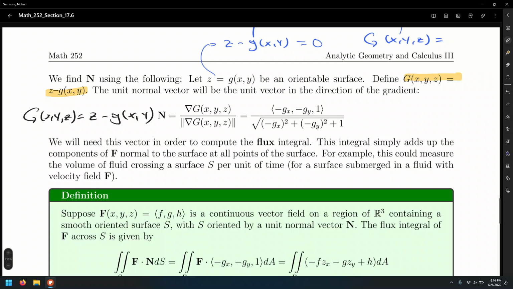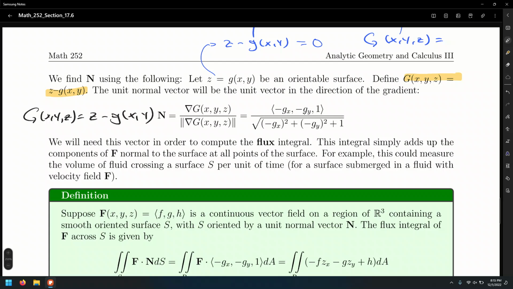So the gradient, nabla of G, that's the partial derivatives. That creates a vector. The partial derivative with respect to x, which essentially is to differentiate g with respect to x, times -1 because of the sign over here. And then the second component is the partial derivative of this function with respect to y.